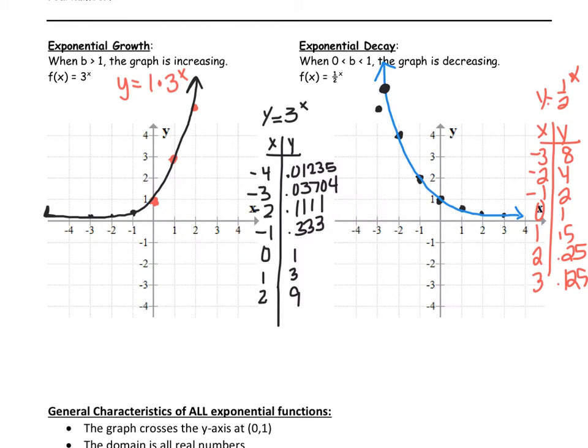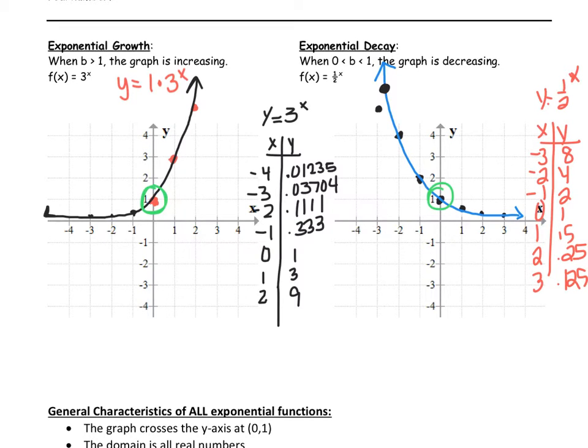So what do you notice about the similarities between these two graphs? You should be noticing something unique, that they both go through this point right here, 0, 1. And that's always going to be the case. Every exponential growth or exponential decay problem is always going to go through this point 0, 1.